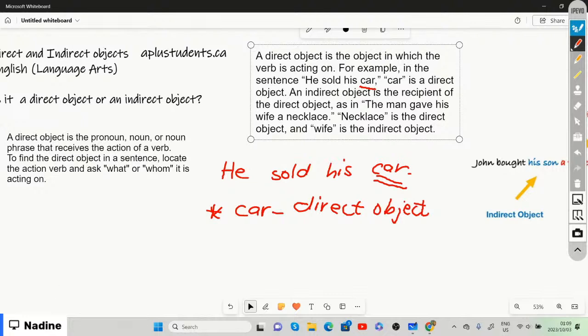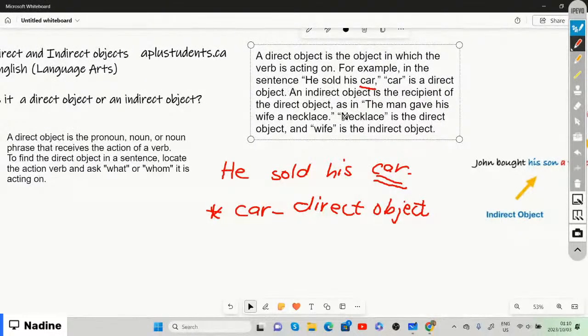And an indirect object is the recipient of the direct object, right? It's the recipient of the direct object. For example, if we look at the sentence, the man gave his wife a necklace, then we would say necklace is the direct object.